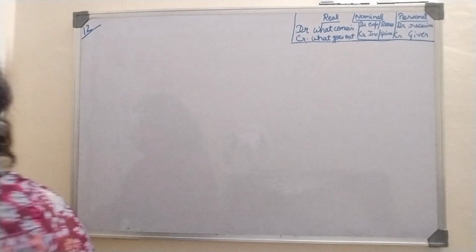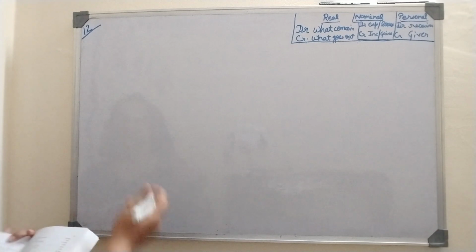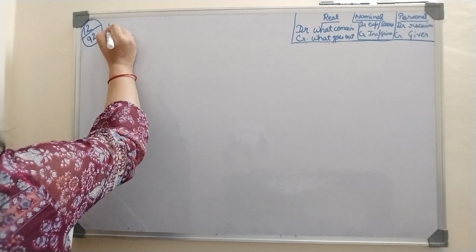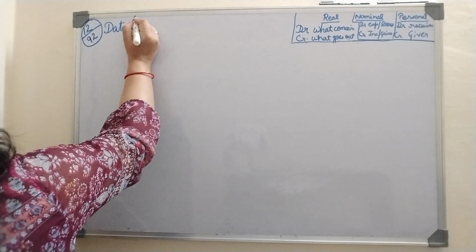So we are starting with question number 12, which is on page number 92 of your book. We will make the format first.